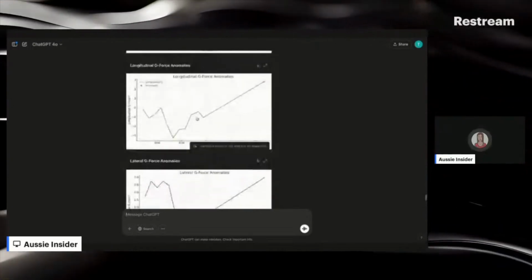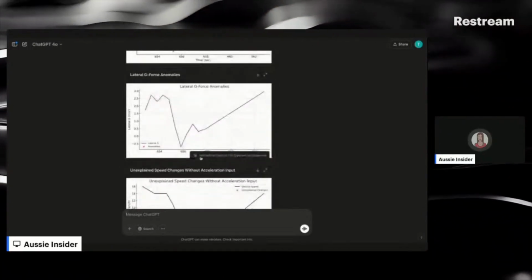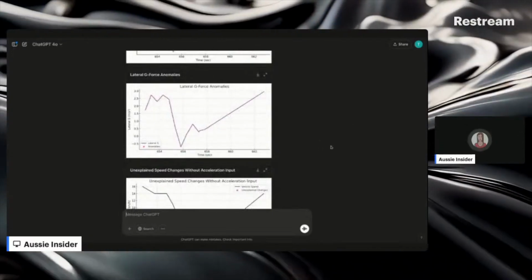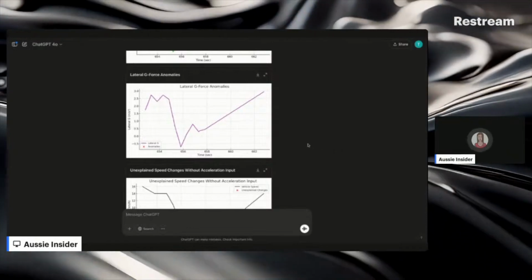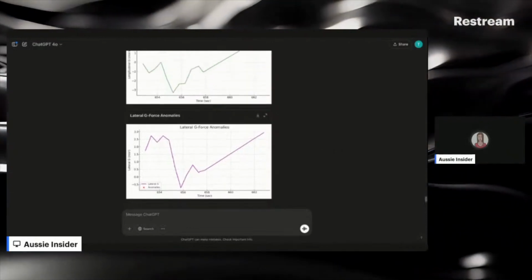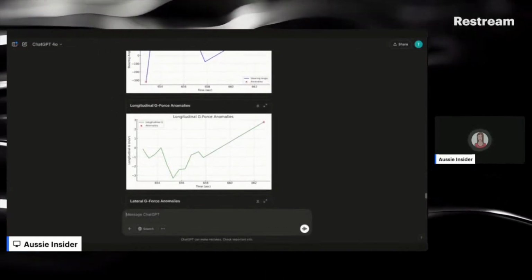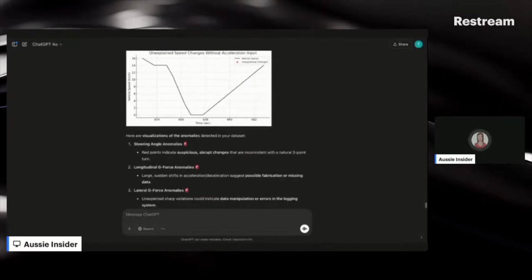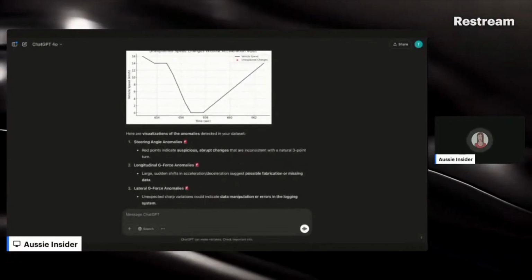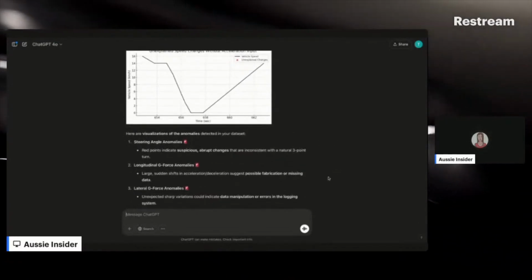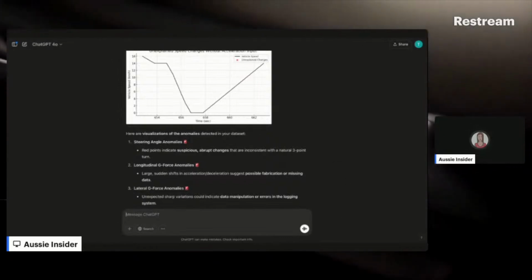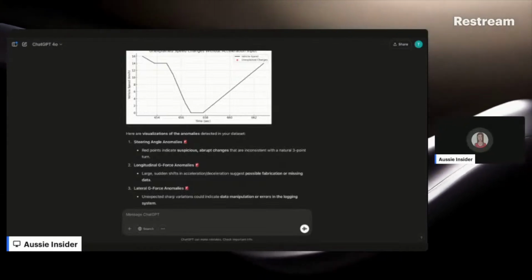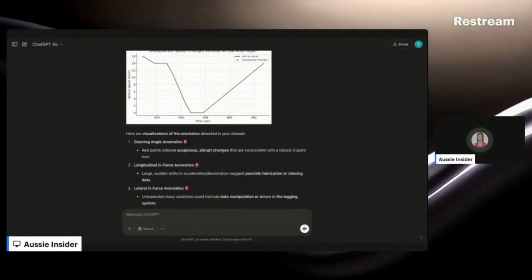The lateral g-force. So what this is giving me is 656 and 658. So, 657, just after 657. Let me just look at this data. Trooper Paul's data, 657.